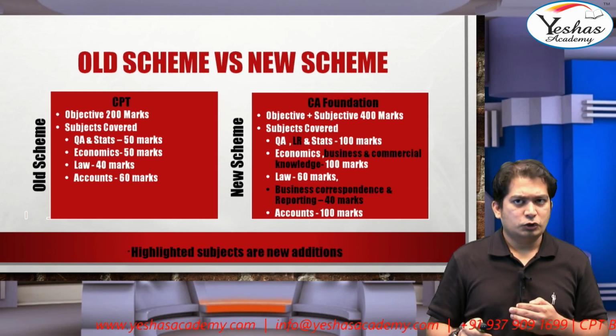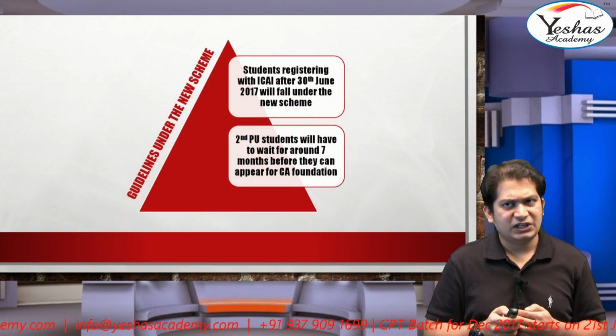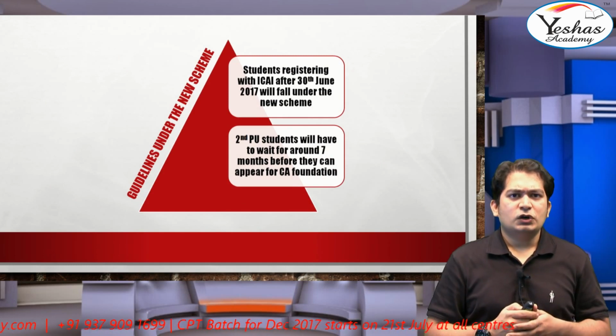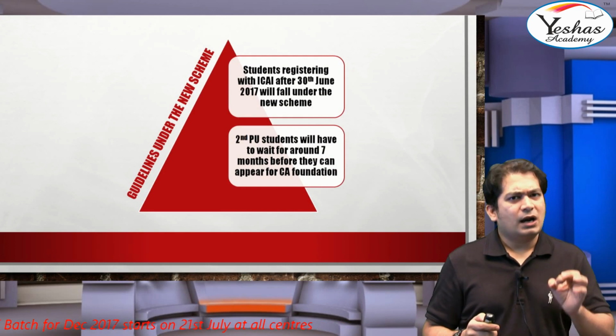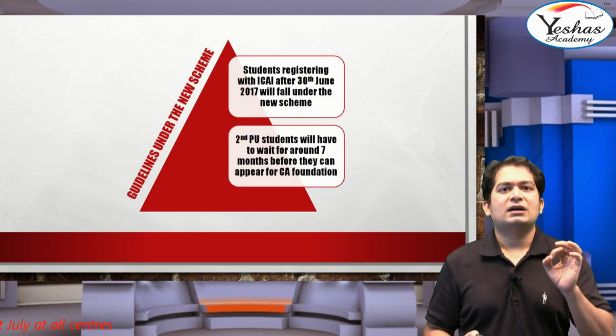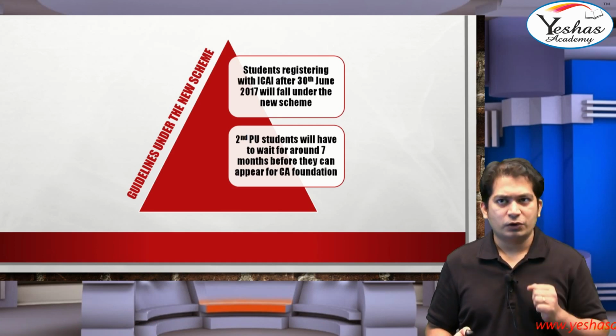All right. So let's take a look at some of the guidelines under the new scheme. As you can see on your screen, students who want to appear under the old scheme must necessarily register on or before 30th June. That's what's written on your screen.